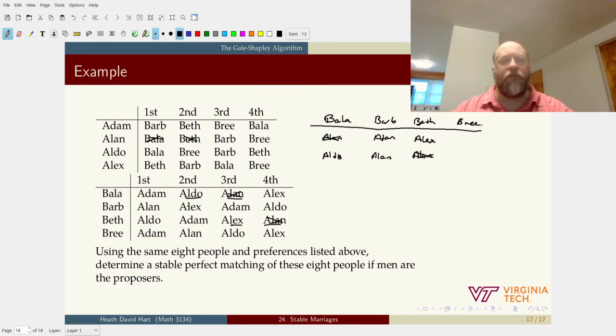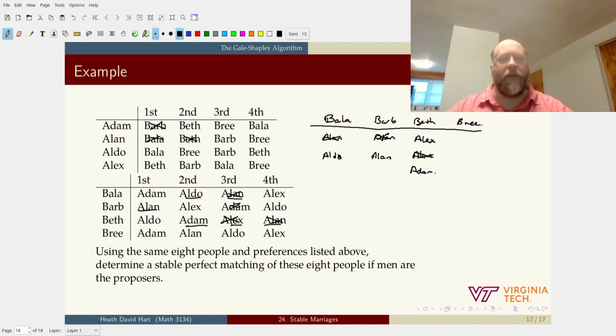And now Barb has a choice to make, but she prefers Alan. And so she sends Adam away. And so Adam just got rejected by his first choice. So Adam now has to approach his second choice, Beth. And Beth prefers Adam over Alex.